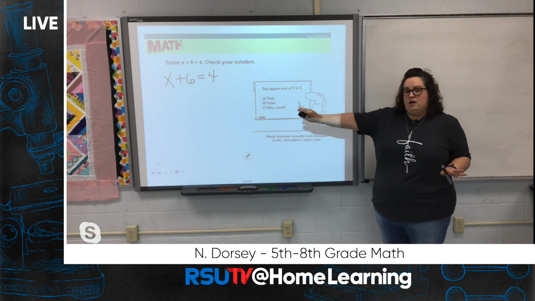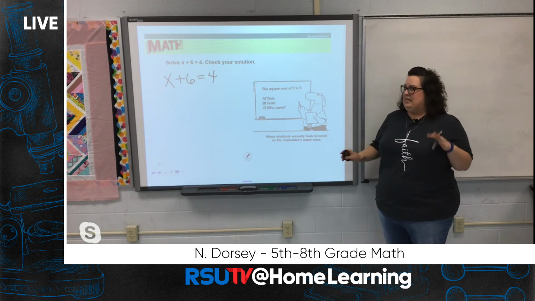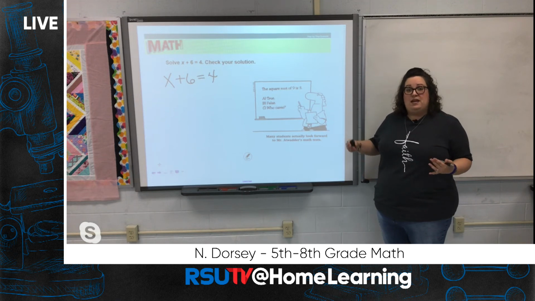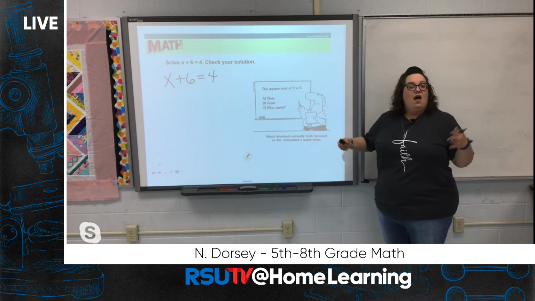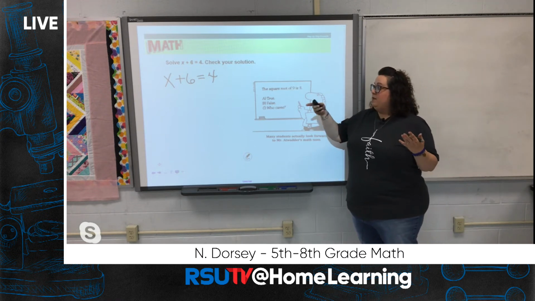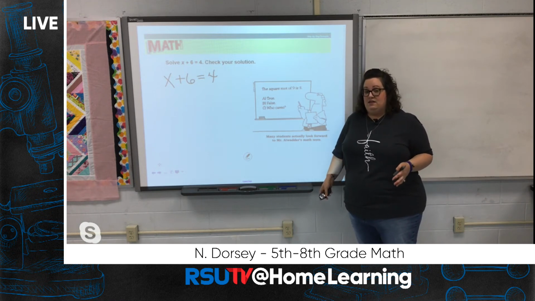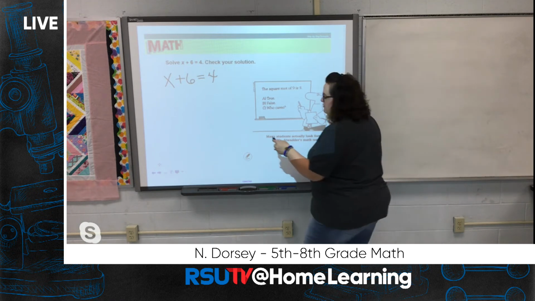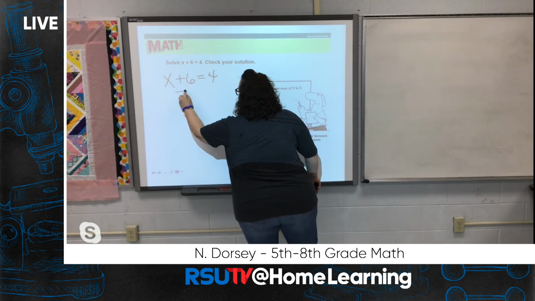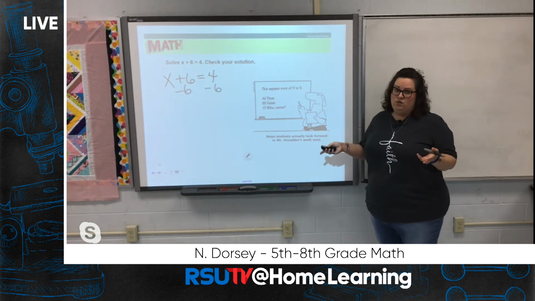So your variable x in this example always stays. It does not move. And whatever number is on the same side as the variable, that's how you know what to move. So we have a plus 6 or a positive 6, and the opposite of that is negative 6. So we need to show what we're doing on both sides of the equal sign.